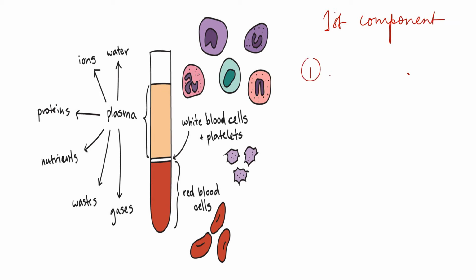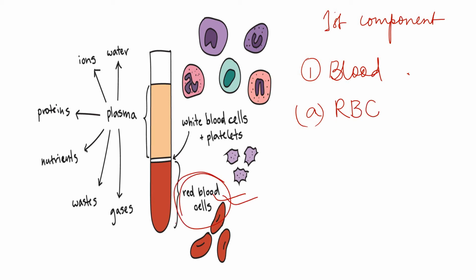is blood. What did we study about blood? Now see, look into this picture, this entire picture on your left hand side. So blood consists of A, RBC, that is red blood cells.